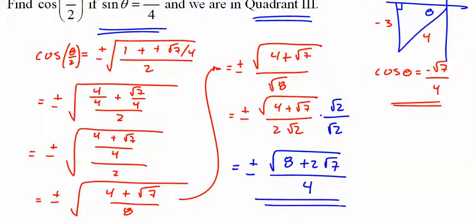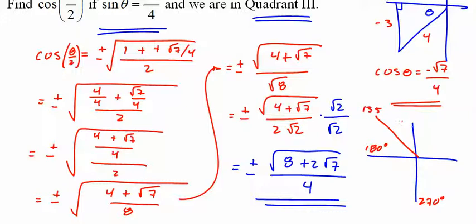Extremely complicated math. Notice we haven't said if it's positive or minus. We're in the third quadrant for theta. If we're in the third quadrant for theta, half of that puts me right here. So theta is in here. Theta over 2 must be in here.